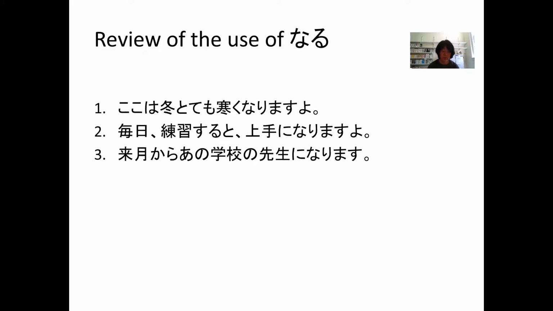The change in this sentence is from the unskilled state to skilled state. The third sentence conveys that the speaker will be a teacher of the school starting next month. Here, the change is from the state of not being a teacher to that of being a teacher. In the following pages, we will show that the use of naru in each of the 3 examples is different from the other 2.